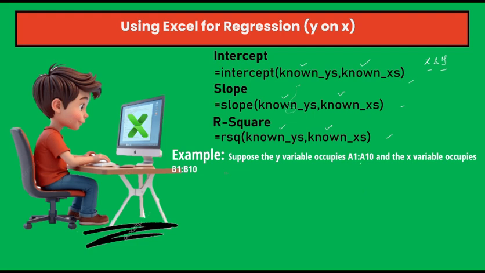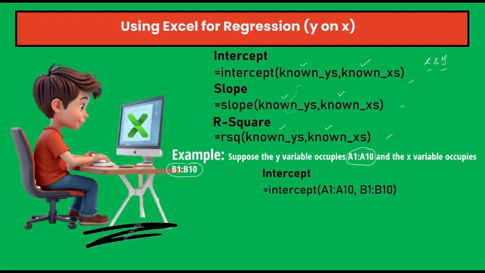So let us take an example. Suppose the values of the dependent variable are in cells A1 to A10, and the values of the independent variable are in cells B1 to B10. We take these positions as an example. And then in the case of the intercept, I will use A1 colon A10, comma B1 colon B10. Remember one thing, Excel is not case sensitive.